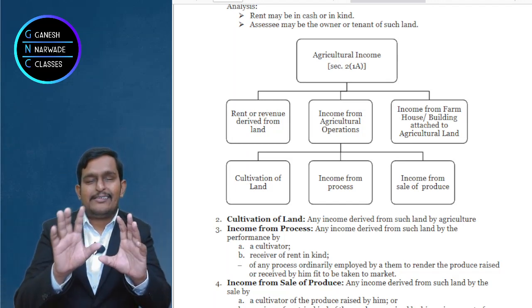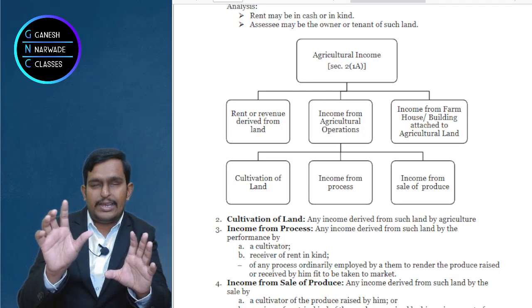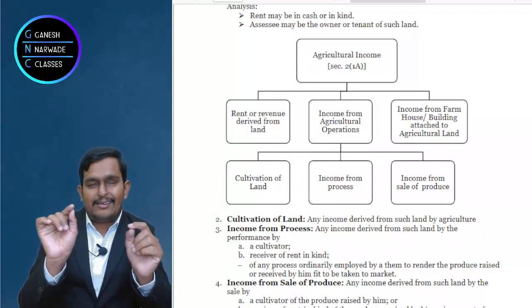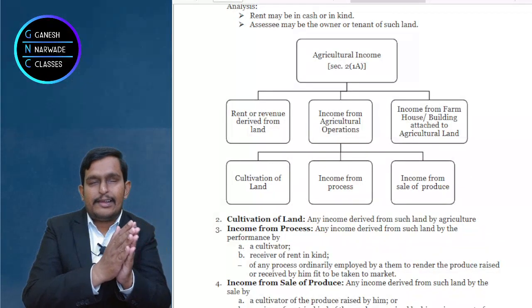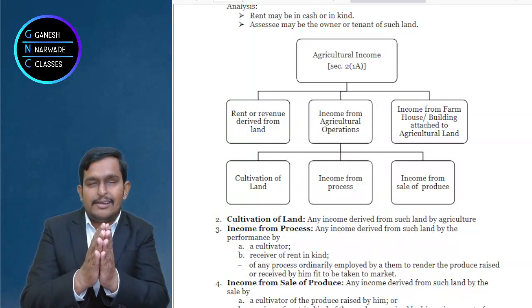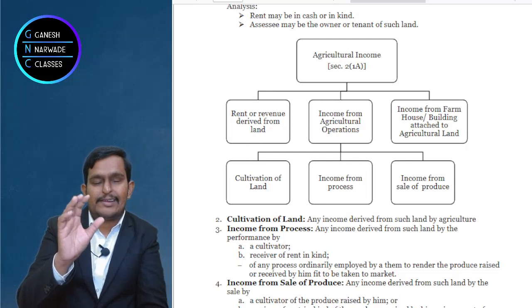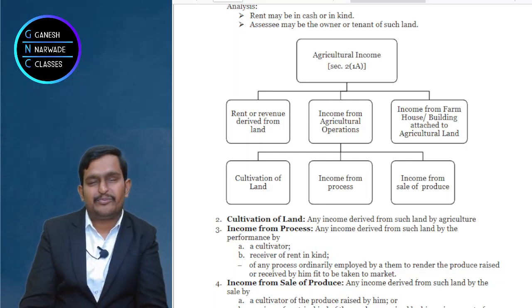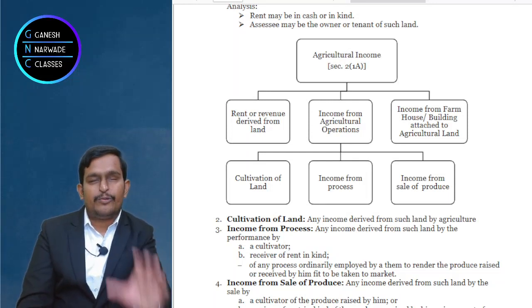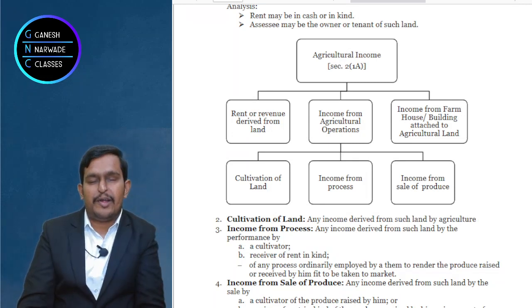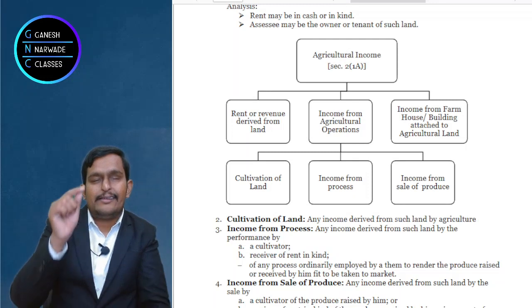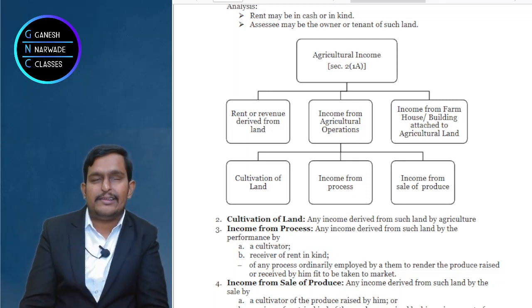First chart says agricultural income, section 2 clause 1a, divided into 3 parts. First is rent or revenue, second one is agricultural operations, third one is rent from house property which is connected with agricultural land. Okay. So rent or revenue I discussed, first point only. That agricultural operations are discussed in second, third, fourth point in the chart.